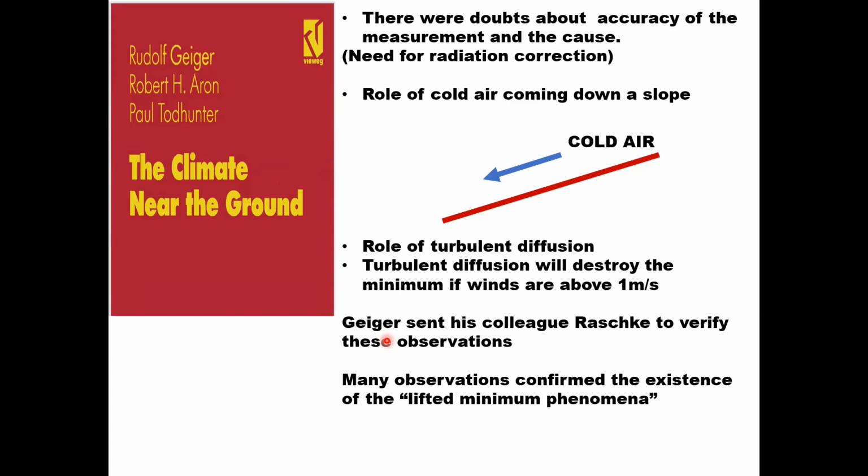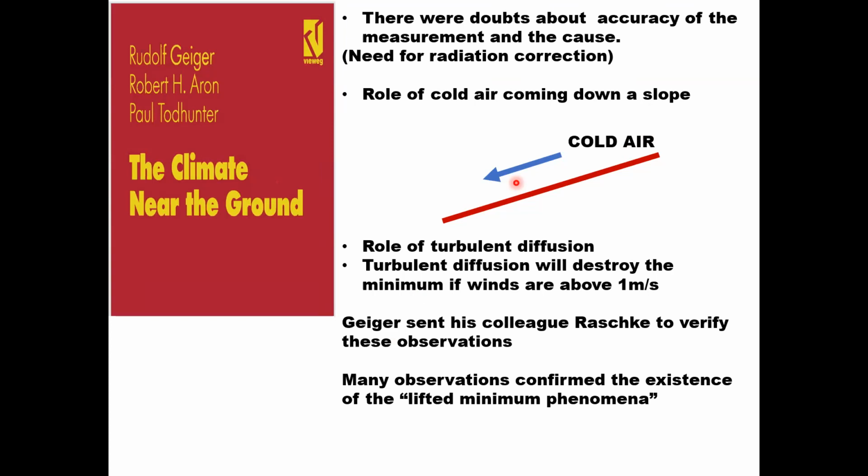Now, Geiger discussed this work in great depth, and one of the doubts many people had is that the cold air near the ground may be due to cold air coming down a slope. If there's a slight slope in the area, then cold air will start moving from some other point to a given point where you're measuring. And so the cold air you see may not be local. But Ramdas took a lot of care to make sure that he was in an area where it's completely horizontal.